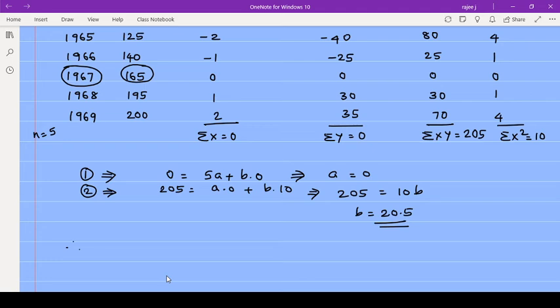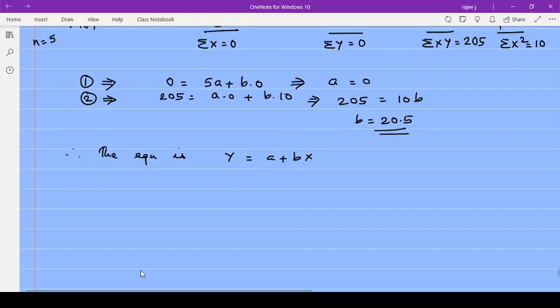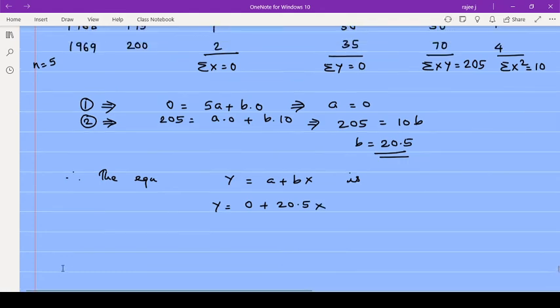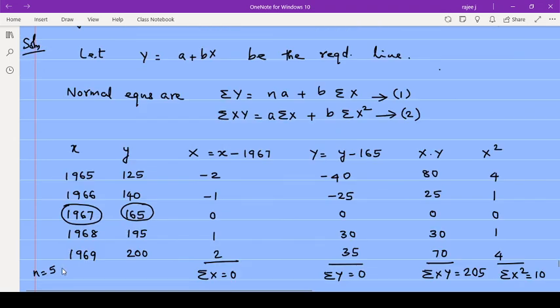Now therefore the equation Y is equal to a plus bX becomes Y is equal to 0 plus 20.5 into X. Here we have changed the x and y: X is x minus 1967, Y is y minus 165.